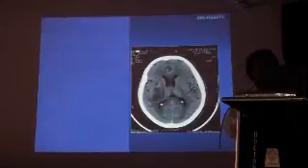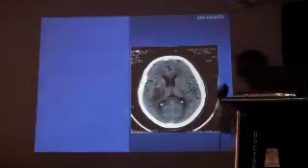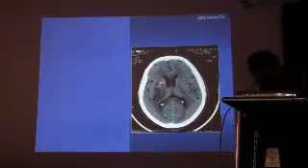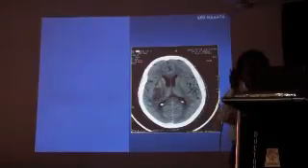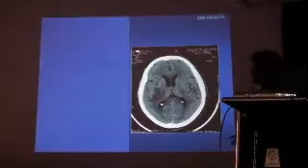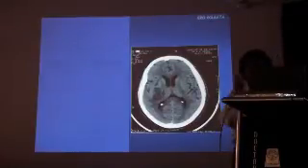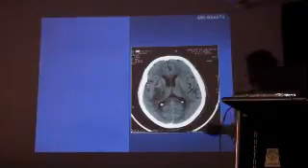That is also useful. And if you look at this picture, what is it? White matter hypodensity, a low density lesion in the right periventricular area or internal capsule.